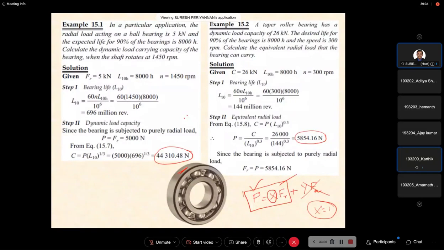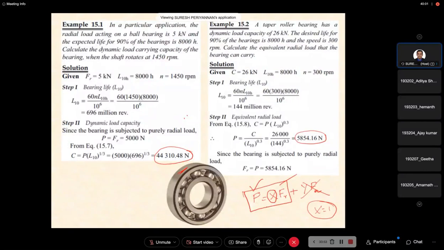That is your question, right? How did we get the value of X? Here we are assuming the inner race is rotating and the outer race is fixed.